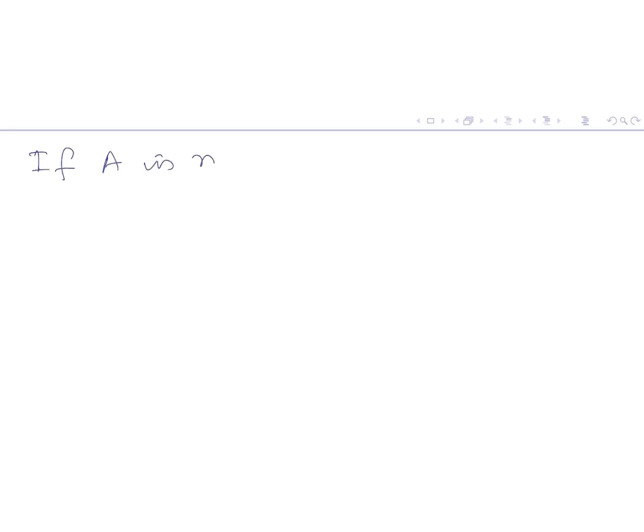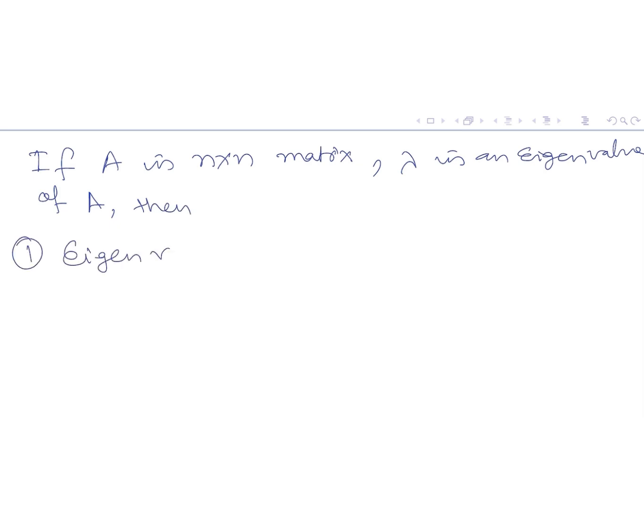There are a few more important properties which I am going to list here. If A is an n cross n matrix, and lambda is an eigenvalue of A, then first, the eigenvalue of A inverse.